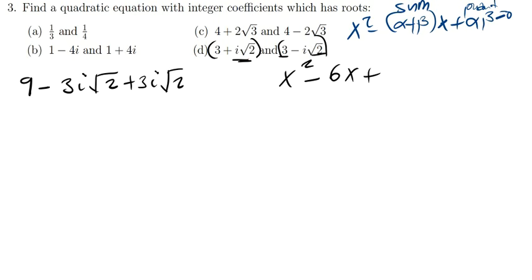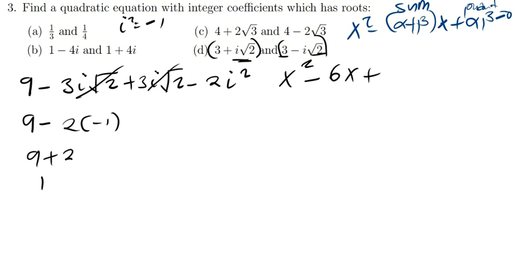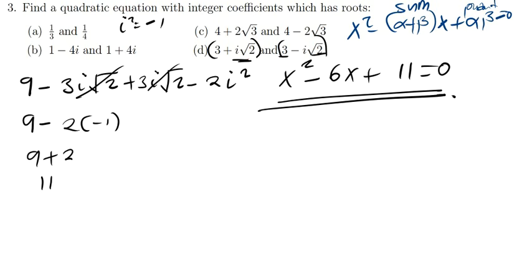This times that is going to be minus 2, because root and root will cancel out, then i will be squared. Remember, wherever you find i squared, replace with negative 1. So you have 9 minus 2 times i squared, replace it with negative 1. So it's 9 plus 2, that is 11. So then the product is 11, equal to 0. This is the equation they want. As simple as that.